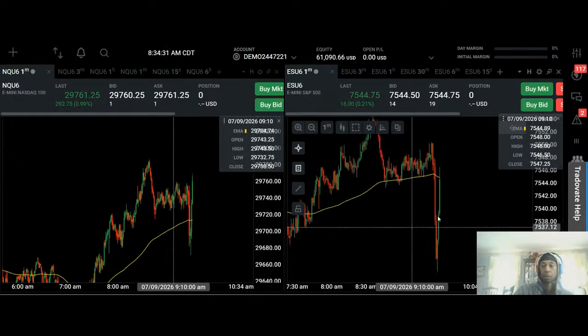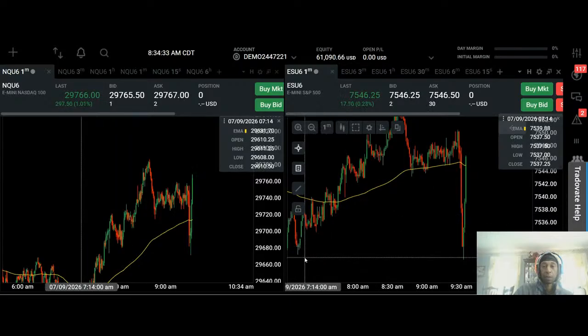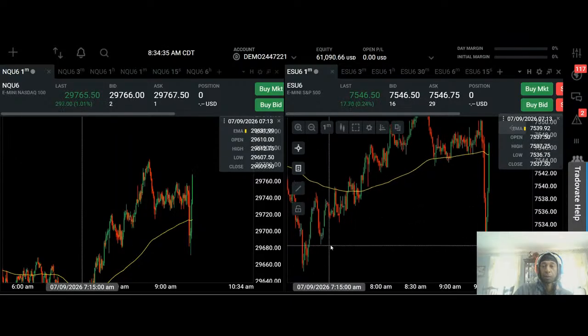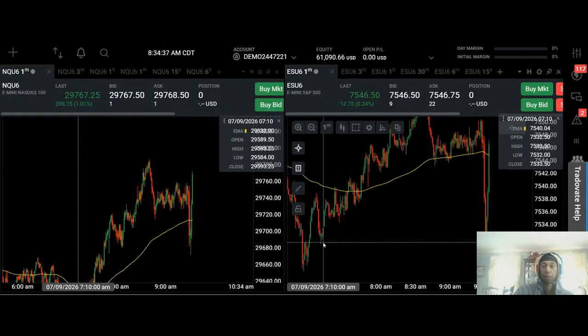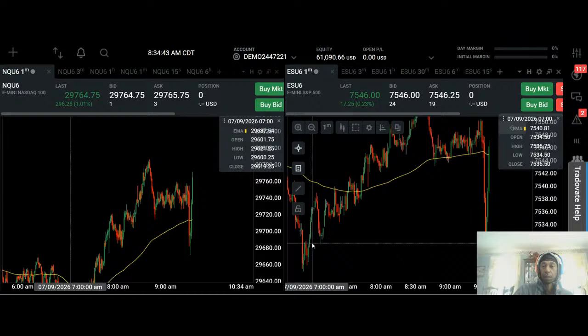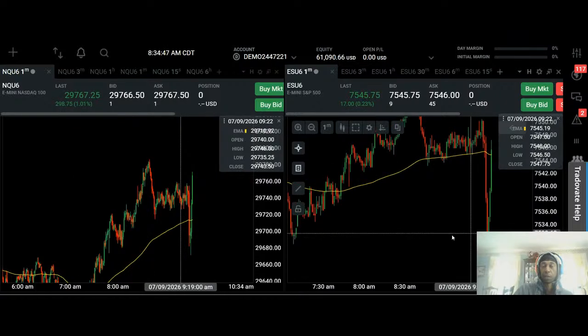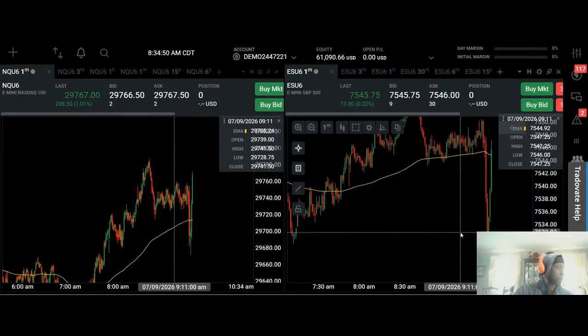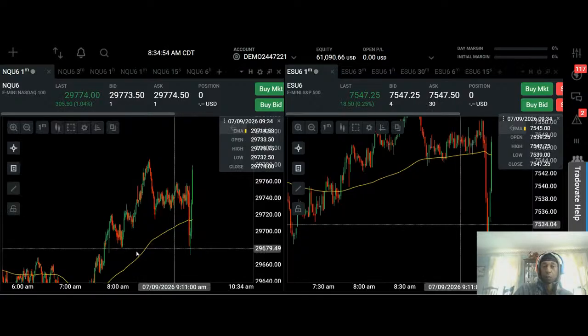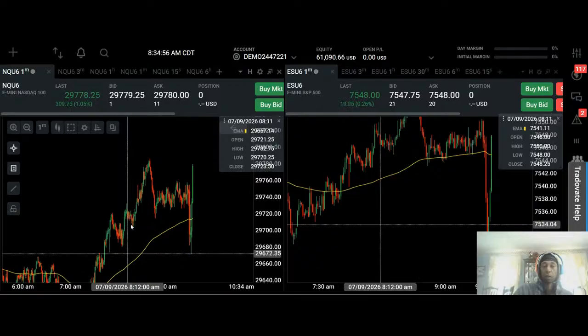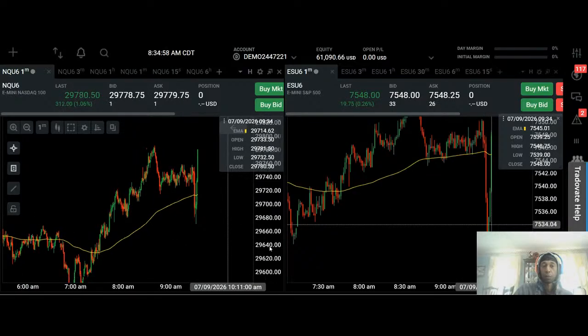We got a Judas swing going on. I don't know what they're taking out. I see 7 o'clock. Yeah, it's 7 o'clock low being taken out on ES, and the failure over here on NQ.